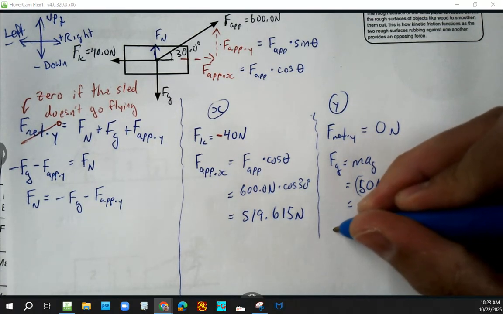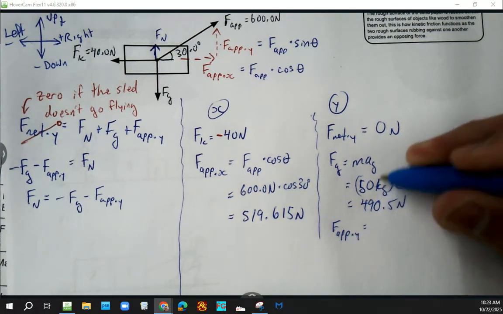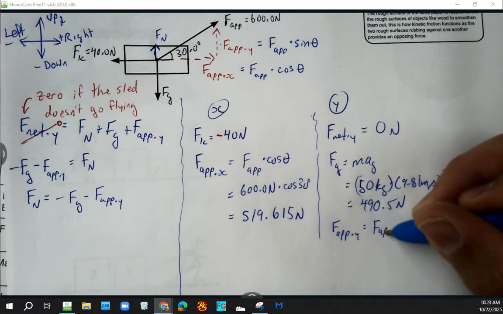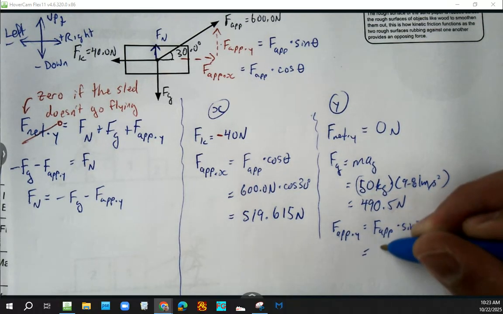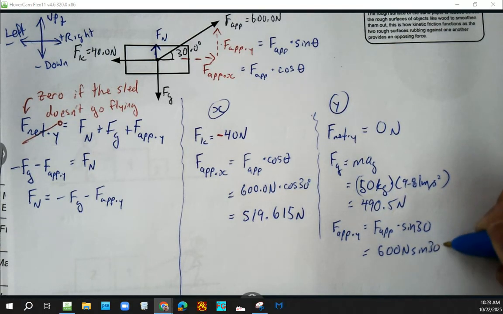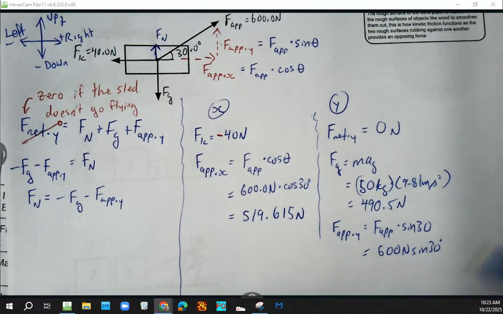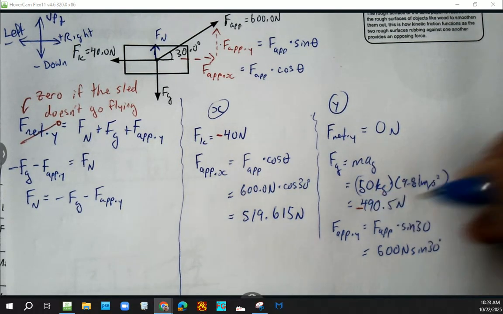Our F applied y is going to be, we said it before, F applied times sine of 30, 600 newtons times sine of 30. Sine of 30 degrees is a magic number. It's 1/2. Sine 30 is 0.5. Oh, you're right. Yeah, we could say that it's negative for sure. Thank you.